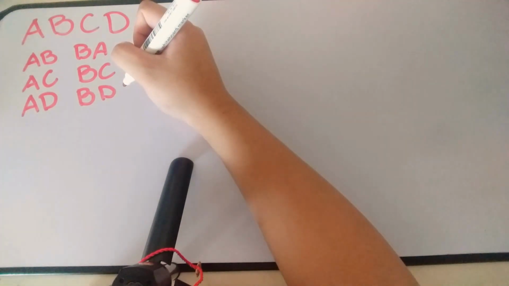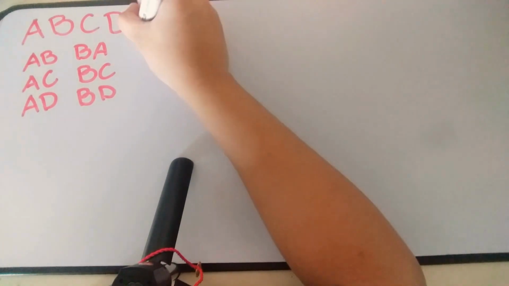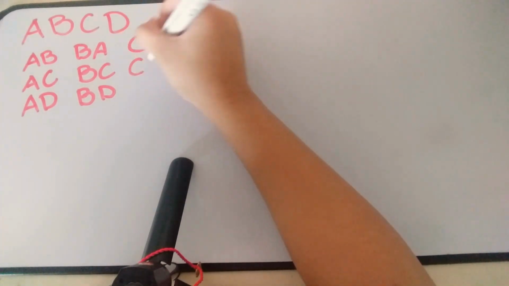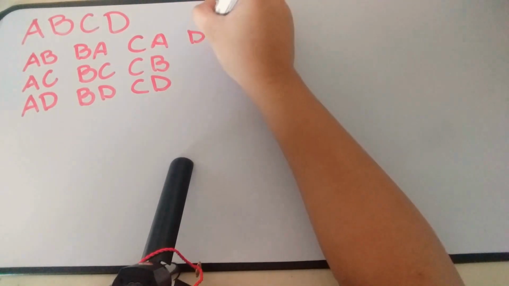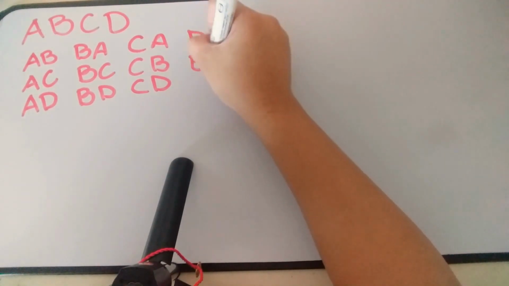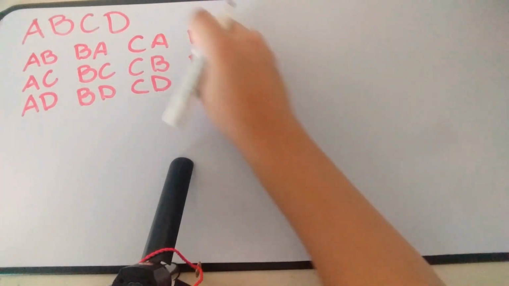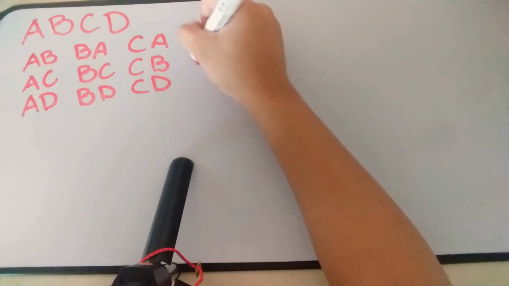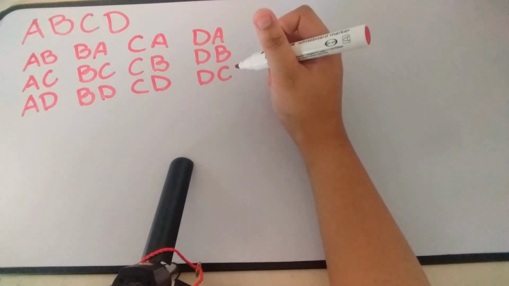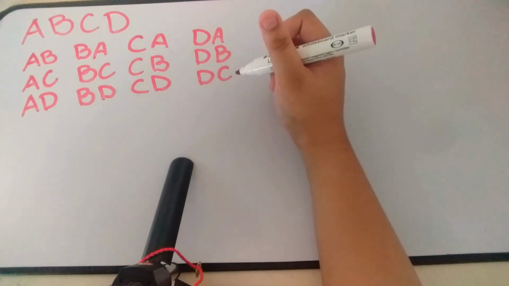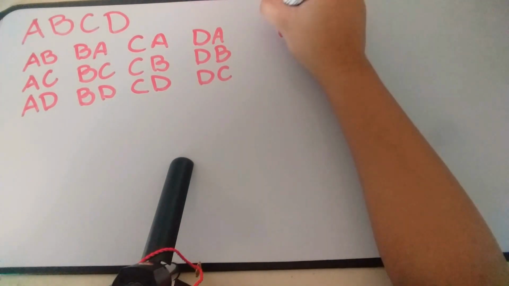We could also use CA, CB, CD, and also DA, DB, and DC. So notice that there's a total of 12 different ways we can arrange two out of the four letters. So the number of permutations in this example is equal to 12.